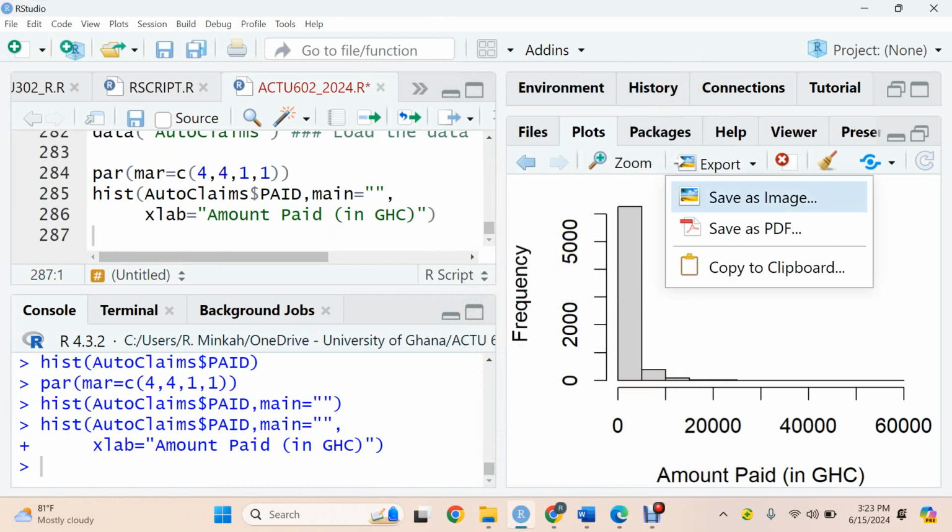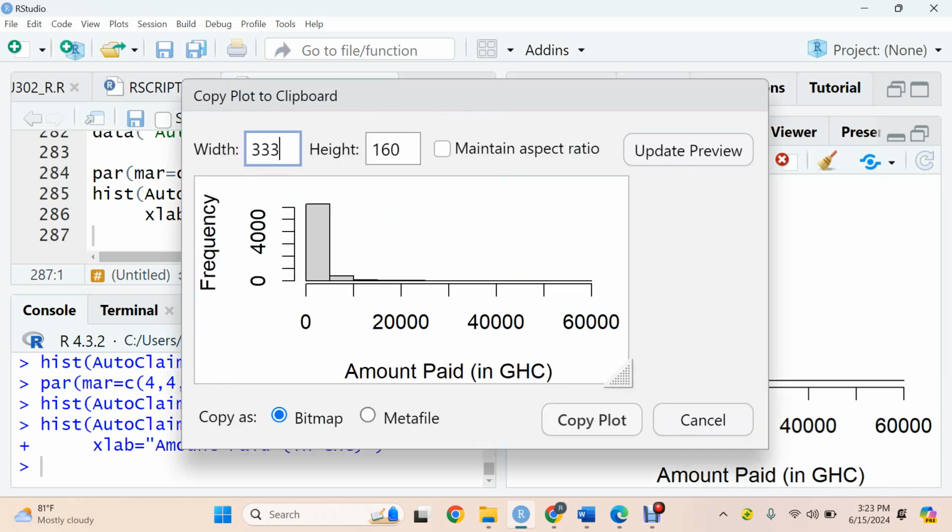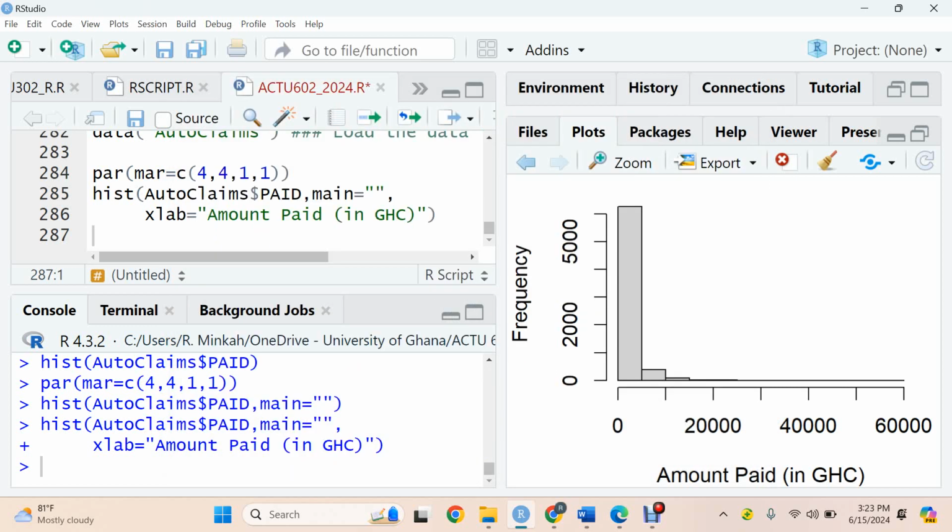You go to export, you save as, you can save a PDF. You can also copy to your clipboard. So I can just copy like this, then it says copy plot. You can change the width and the height. For example, if I want the height to be higher, I can also say 200, right? And copy. So when I go to Word and paste it, it will enlarge the height.